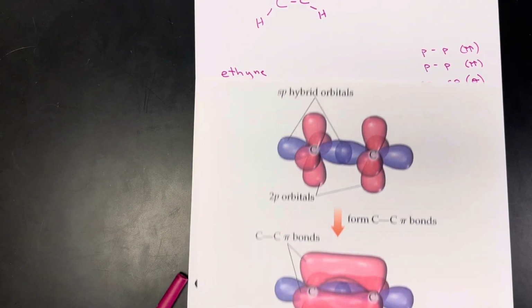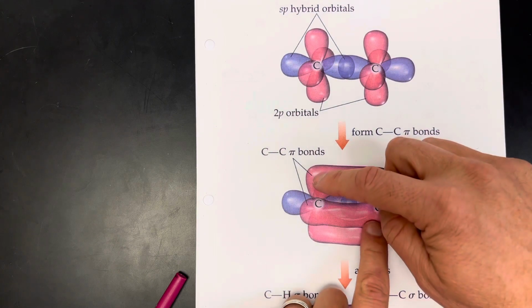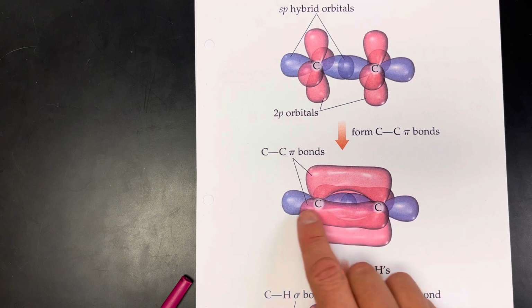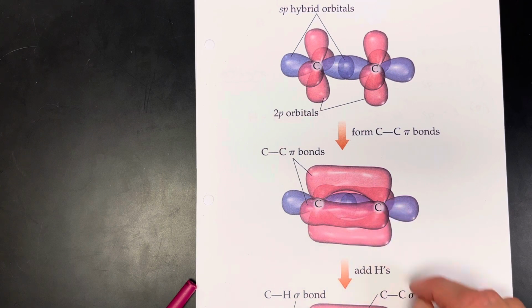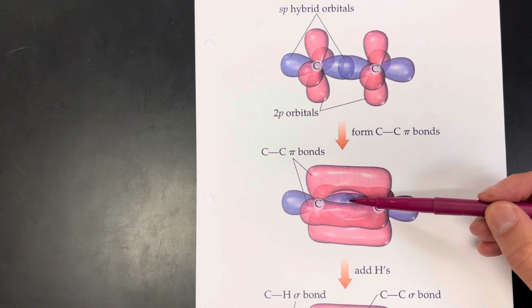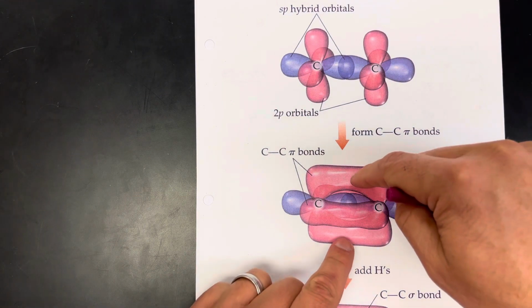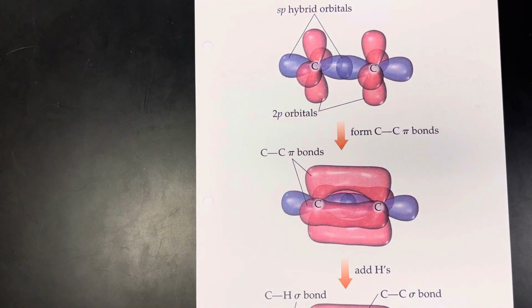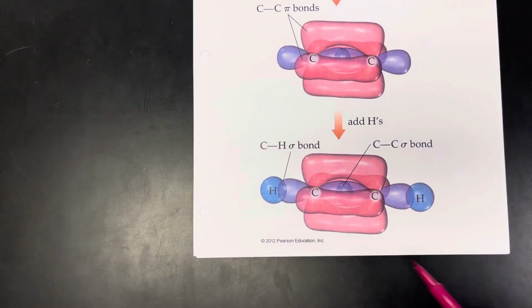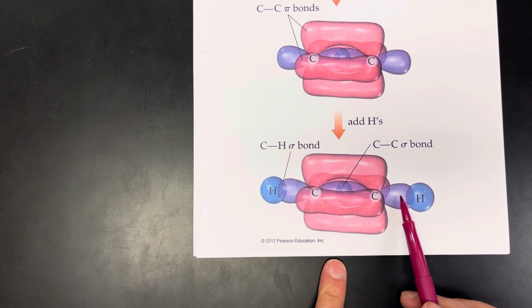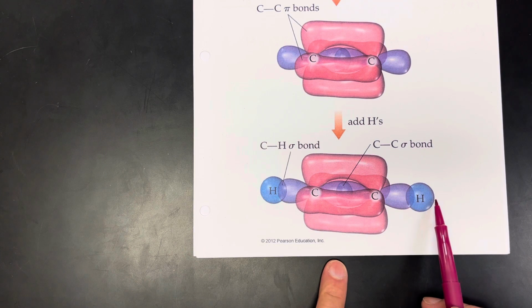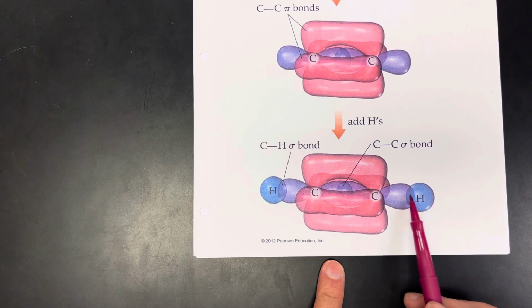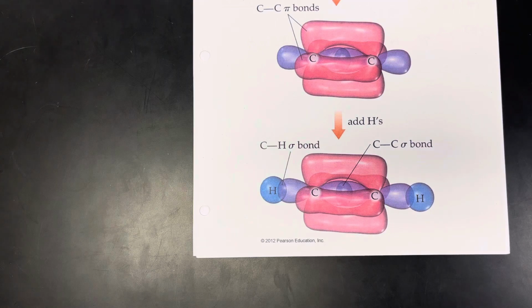The picture shows that right here. So this could be the second bond, okay? And then the third bond would be coming out at you and behind, okay? So right here's the sigma bond, here's the second bond, which is pi, and then here's the third bond, which is pi as well. And then when we throw in the hydrogens, it's going to be the sp hybrid orbital with the s orbital, and it happens on both sides.